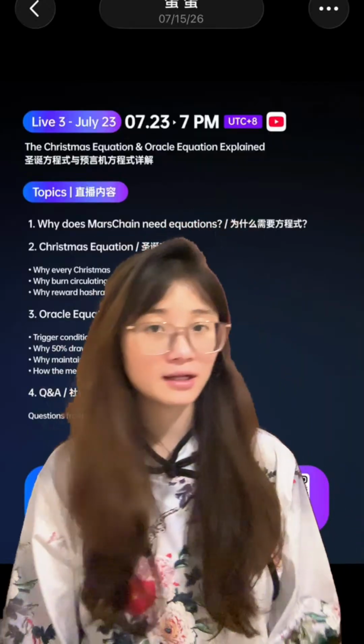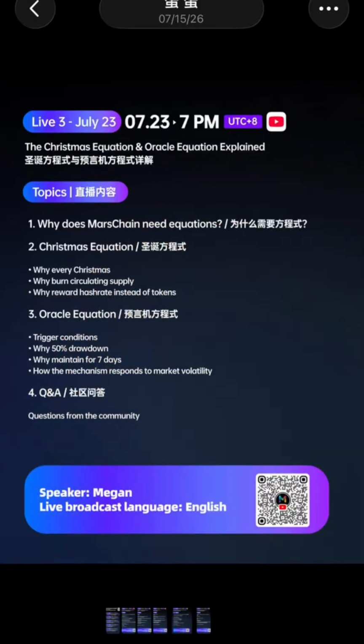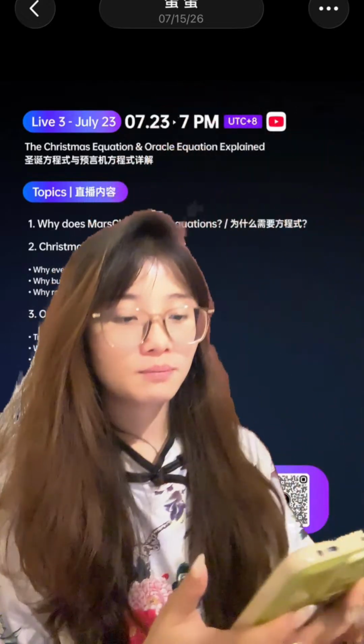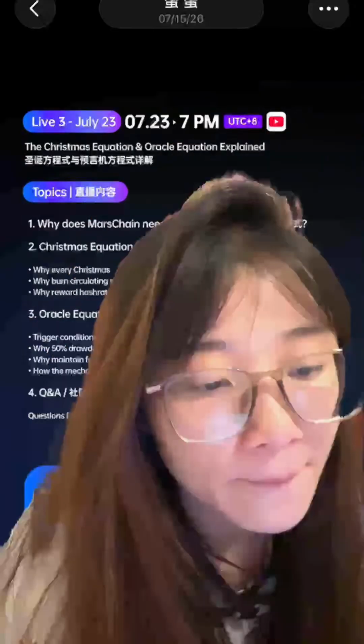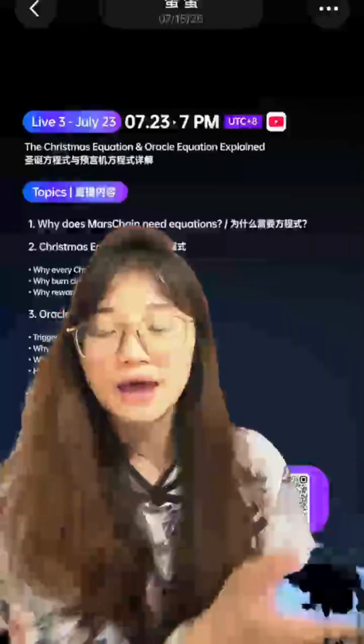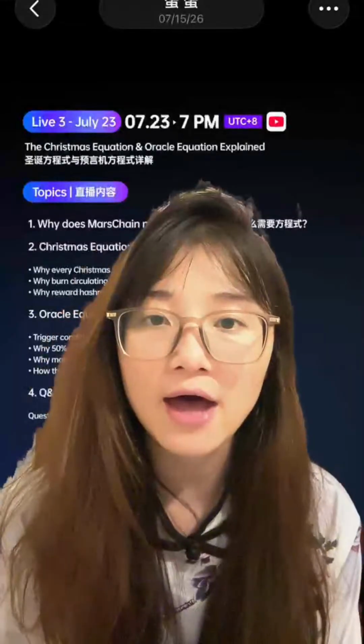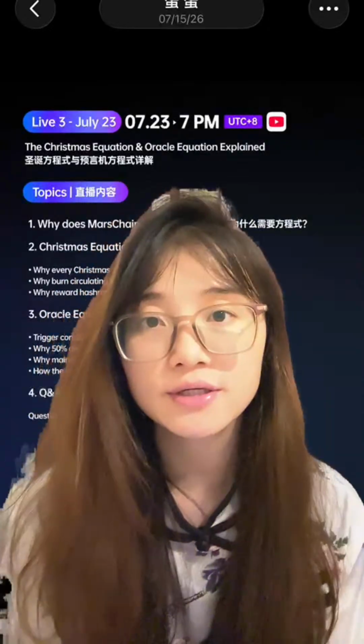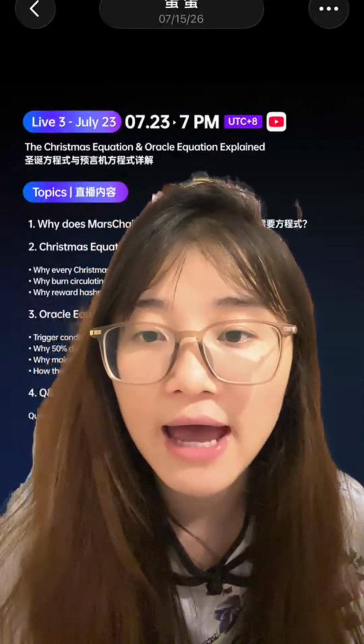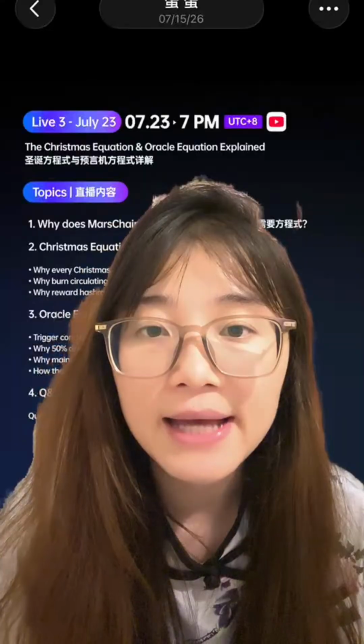I forget the price of it, let me check. Now the price of the Mars tokens is nearly 100 dollars.